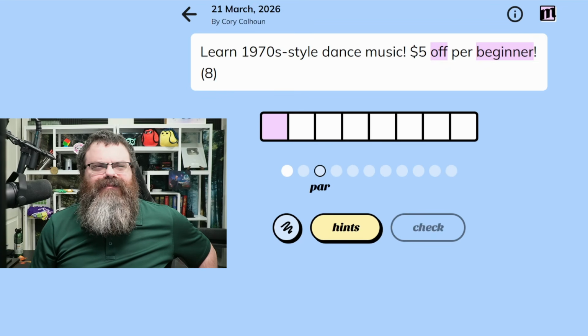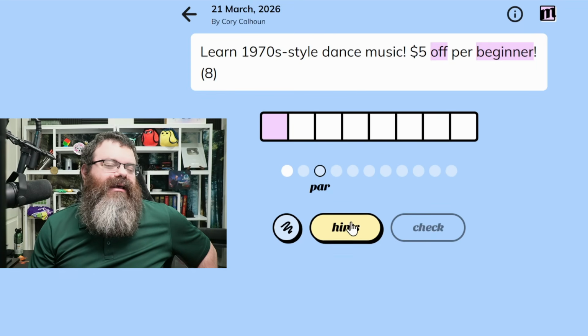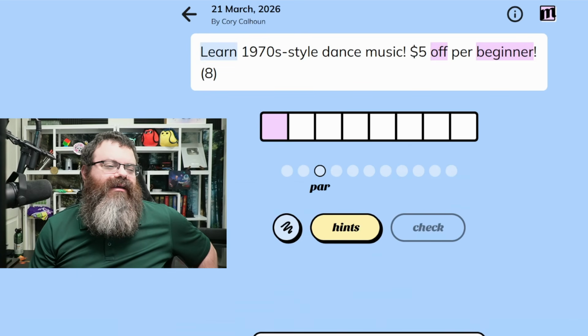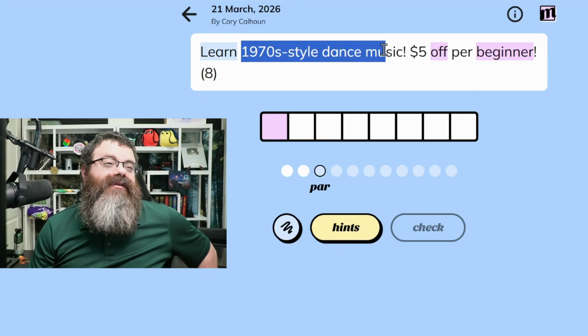Do they have some term for $5? Am I supposed to change 5 to V? I don't know what other hints are going to help me. I could grab the definition to see how much fodder we need to use. Learn is our definition, so all of this is fodder.